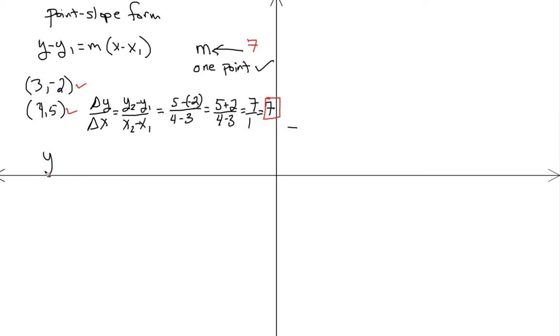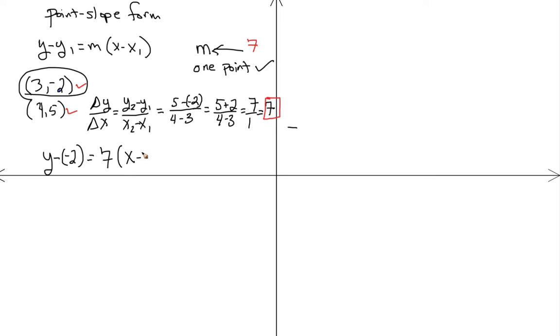Okay, let's say I'm going to pick the top one. This is the point I'm going to pick. I can pick the bottom one too if I wish. So y minus, and my y1 would be negative 2. Since it's y minus, it'll be y minus a negative 2. Notice how I'm putting my negative 2 in parentheses. Equals m, and my slope is 7, times x minus, so what would be my x1?